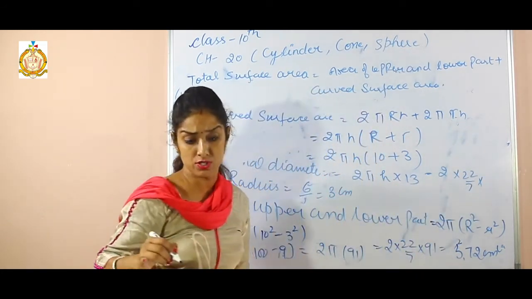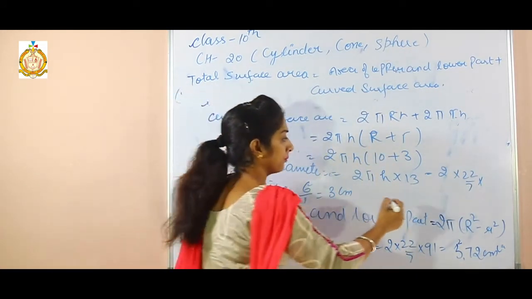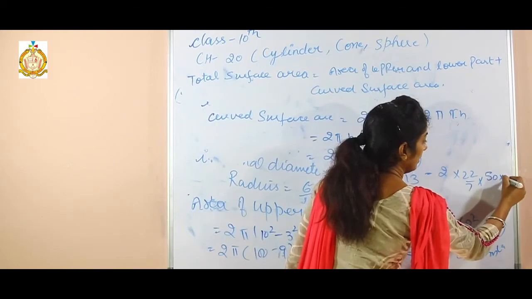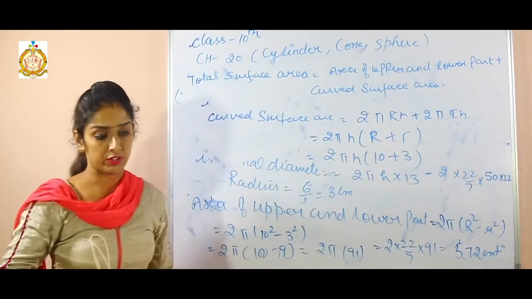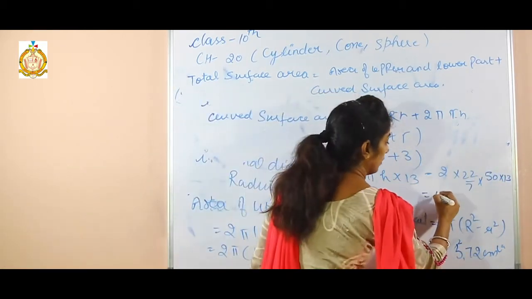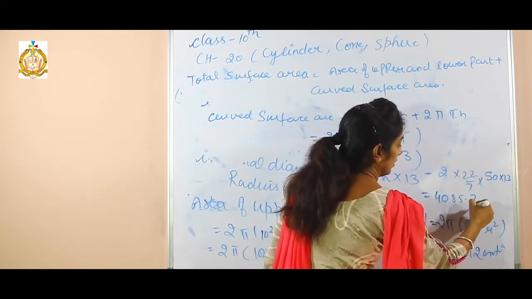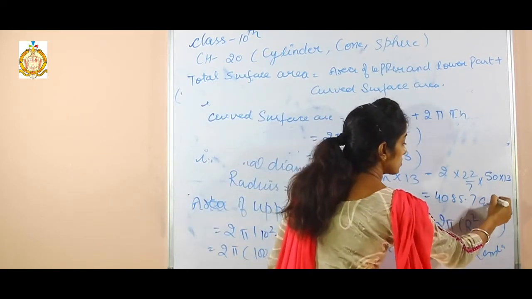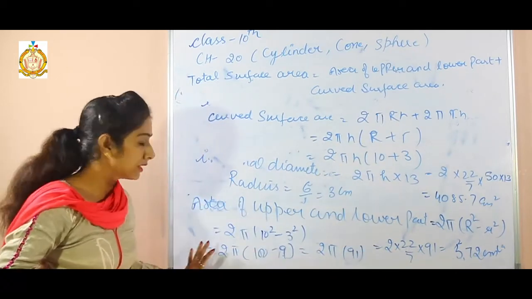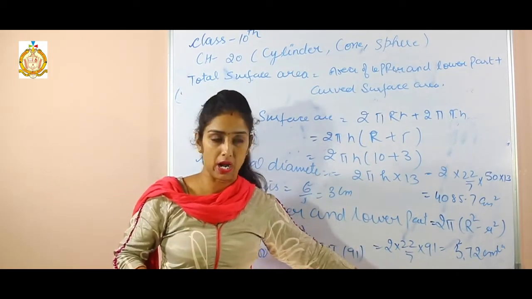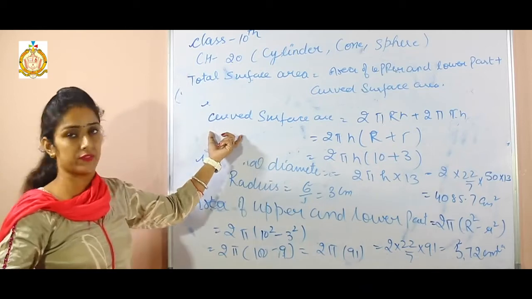What is h? h is 50 multiplied by 13, we get 485.7 centimeter square.